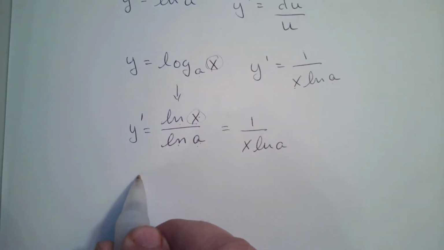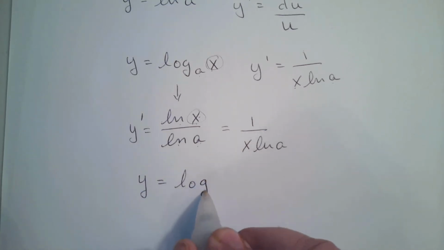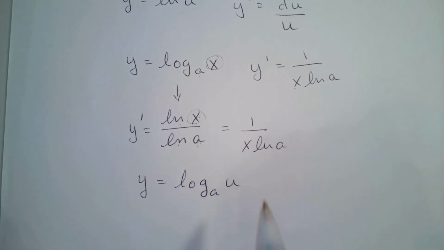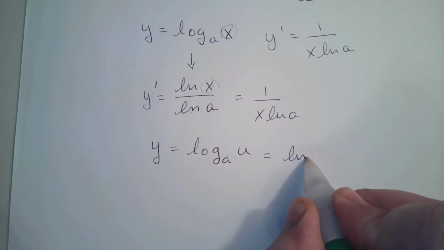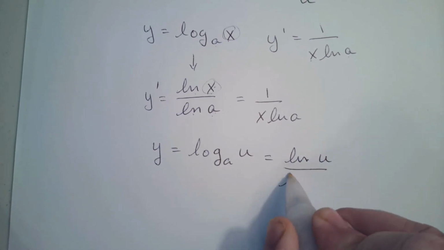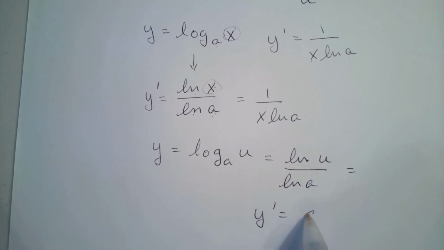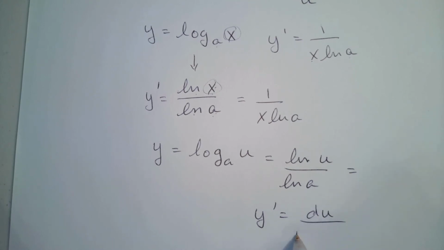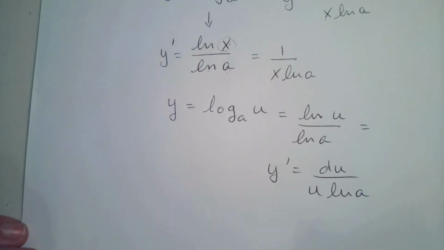So likewise, if I had log base a of some function, then there'd be some ln of some function over ln a. So the derivative would be du over u ln a. The derivative of whatever this part is, over whatever that is, times ln a.